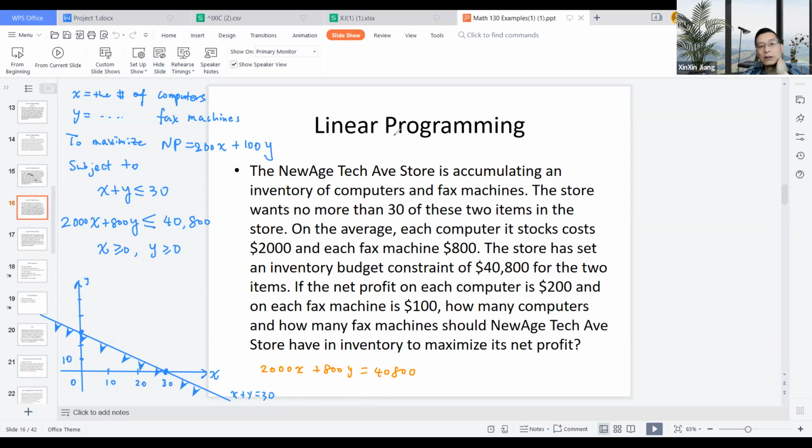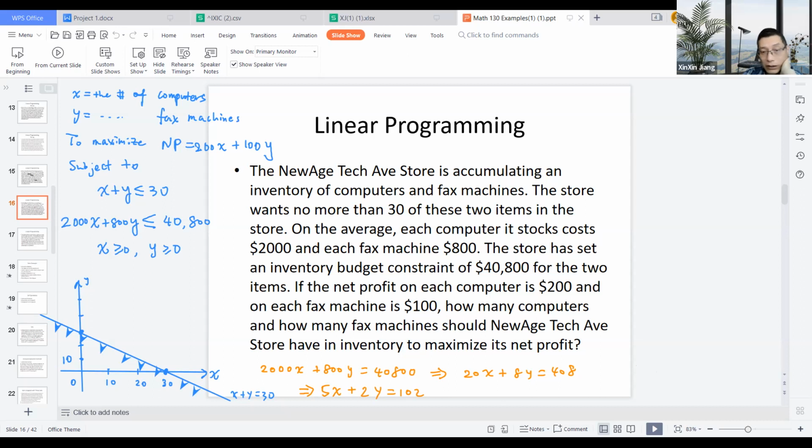I'm going to get rid of 2 zeros. You have 20x plus 8y equals 408. And then I can also divide both sides by 4. I have 5x plus 2y equals 102. Okay.